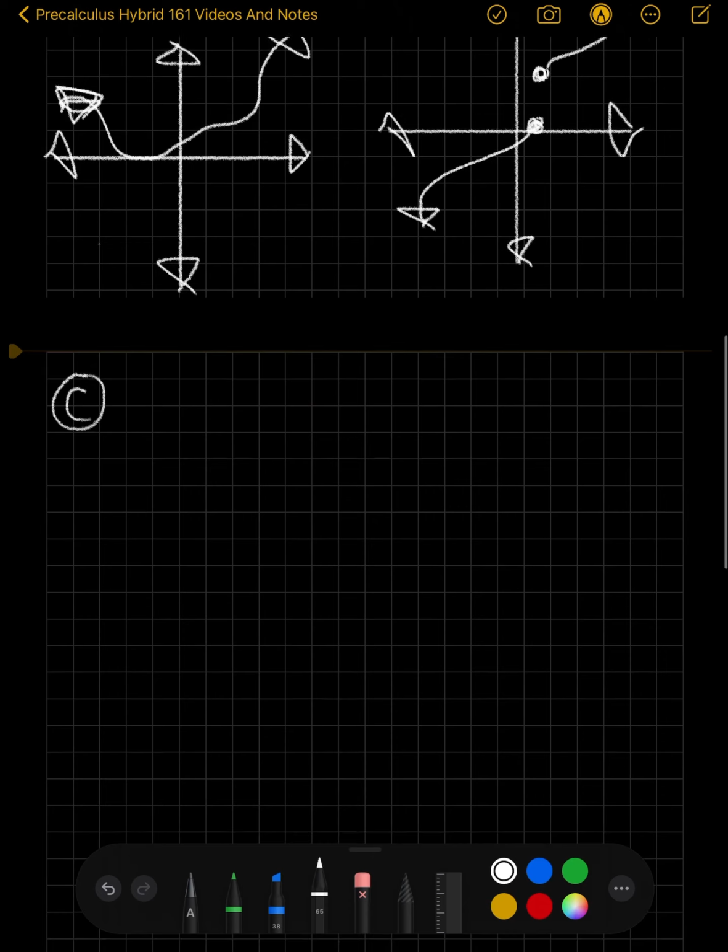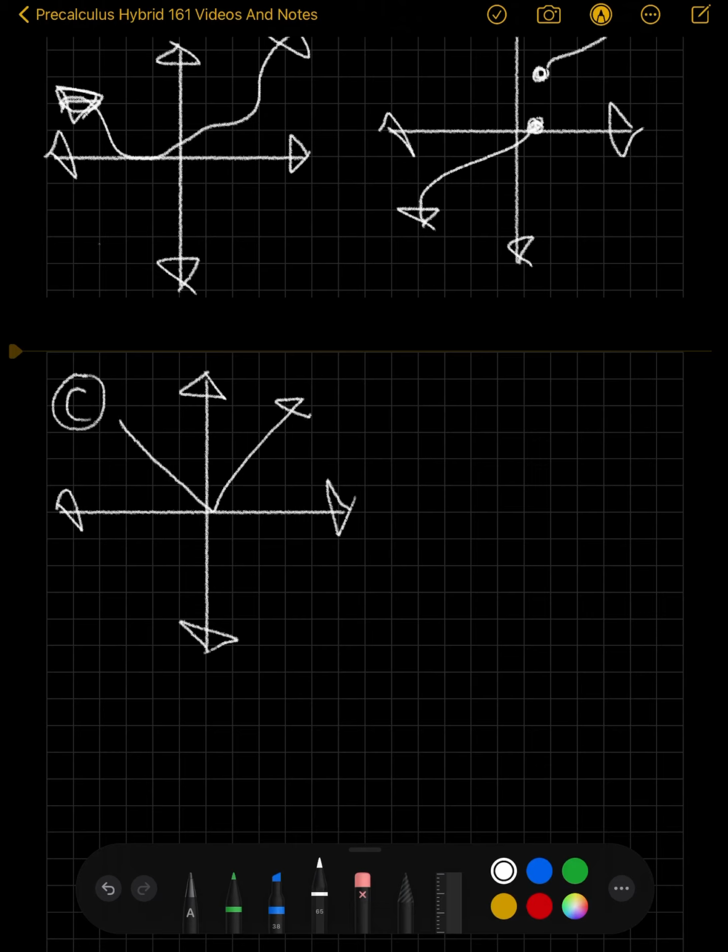And we'll do graph C down here, and this is what graph C looks like. And we'll do graph D right over here, and this is what our graph D is going to look like.